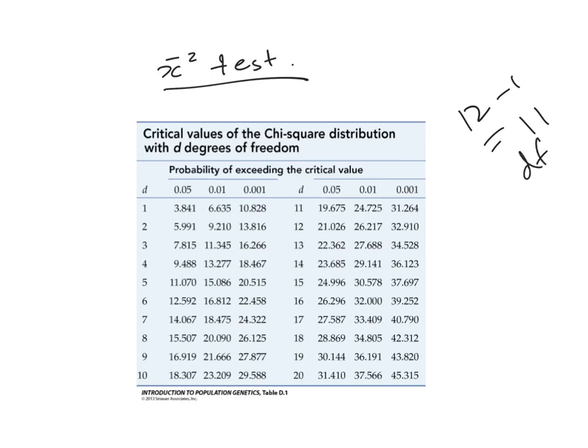If we look at the value for 11 degrees of freedom here, at a 0.05, 0.01 or 0.001 critical value, it's basically 19.65, 24.725, 31.264.